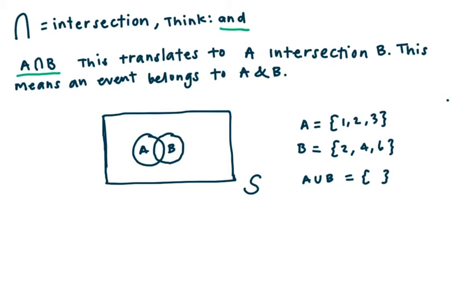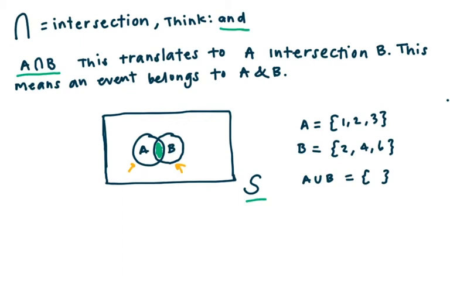So let's take a look and see what that looks like. In this Venn diagram, we have A intersecting with B, and it's located in the sample space S. The intersection of A and B is only this region right here. It's not here, and it's not here. Why?